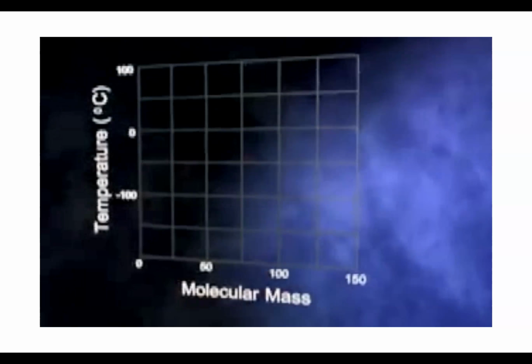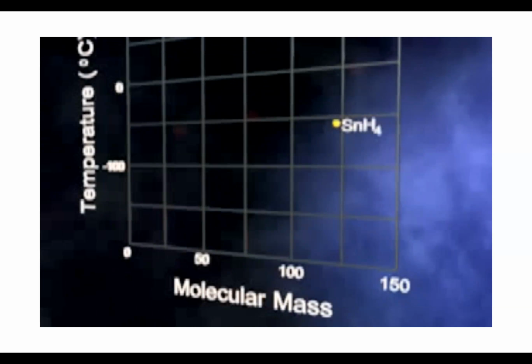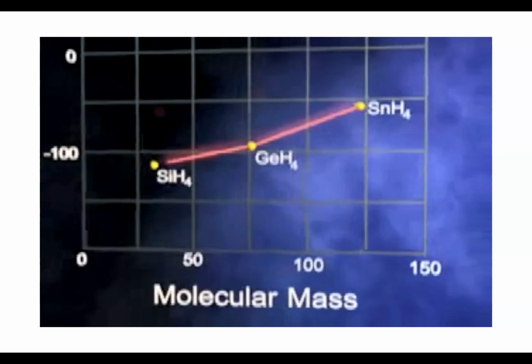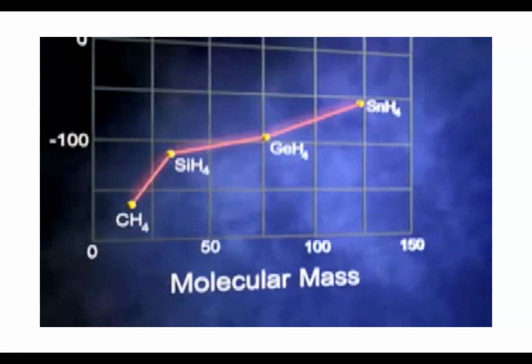In a series of similar compounds, such as these group 4A hydrides, boiling point typically decreases with decreasing molecular mass. This reflects the smaller London dispersion forces that exist between smaller molecules.